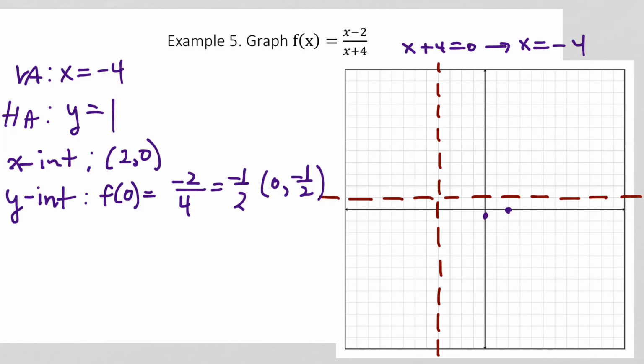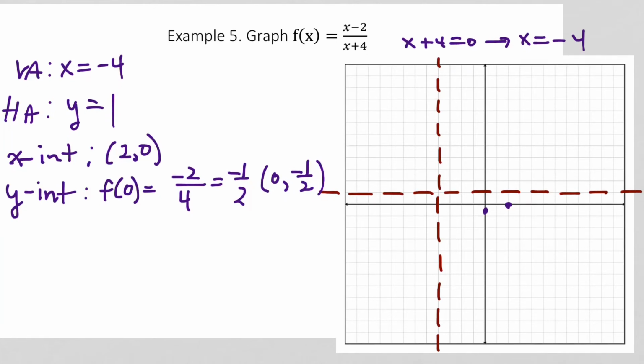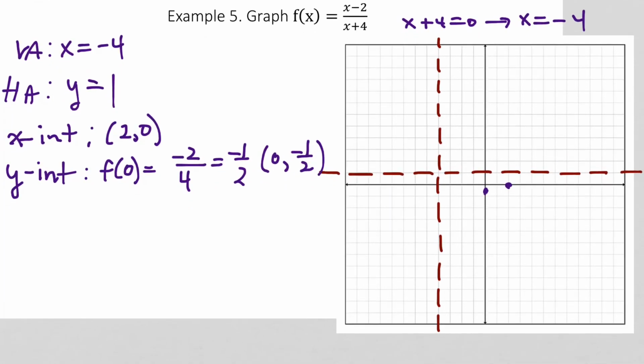All right. So now we can get a few more points in here. Now the most important thing to realize is that these are functions when you're graphing these. So what that tells me is that if I've got dots down here, my graph is going to lie in this quadrant, separated by these dotted lines.